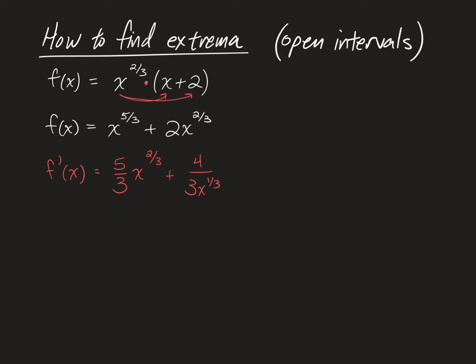Okay, before I even get into solving this, I want to notice that I have an x in the denominator. So when I set this denominator equal to 0, I will find that x equals 0. When you solve it, x equals 0 is where f prime of x is undefined.